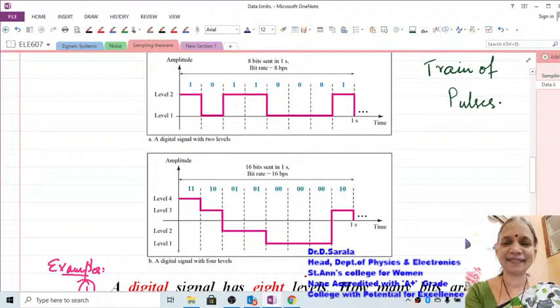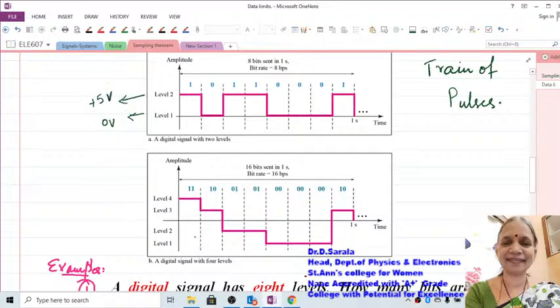You have level 1, level 2, level 3, level 4. You can see different levels here. These are 2 levels. This is the 0 level. Maybe if you treat this as 0 level, or corresponding to 0 volts, this may correspond to plus 5 volts.